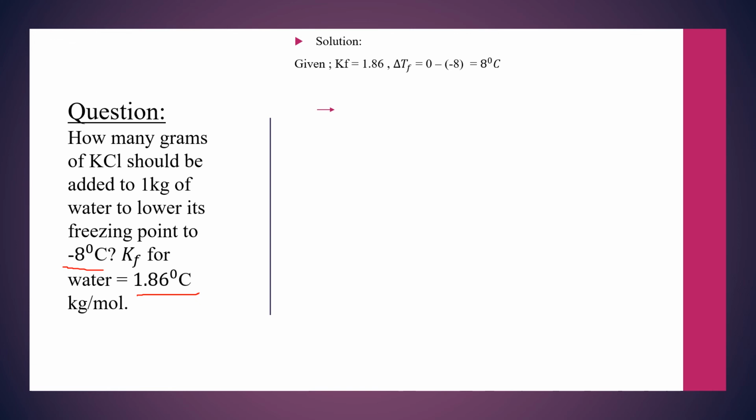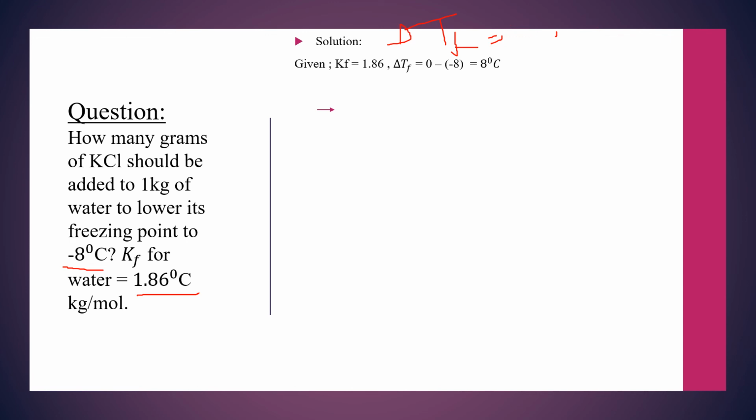So for the depression in freezing point, since the solvent is pure water, the freezing point of pure solvent water is 0. We get the depression in freezing point from the equation delta Tf equals Tf naught, the freezing point of pure solvent, minus Tf, the freezing point of solution.